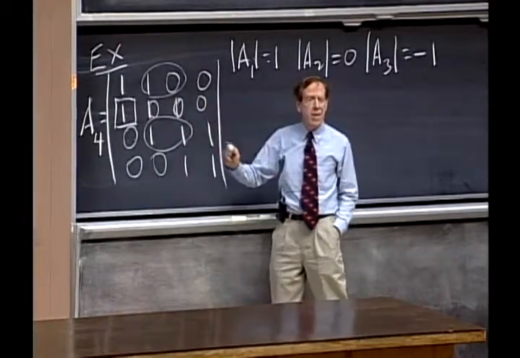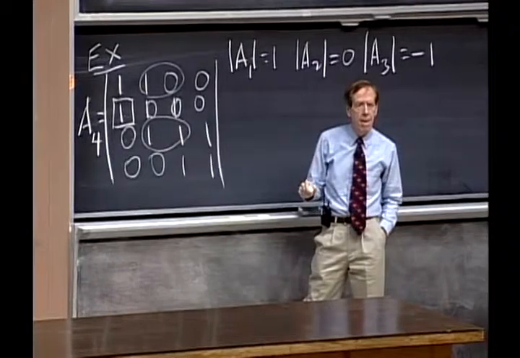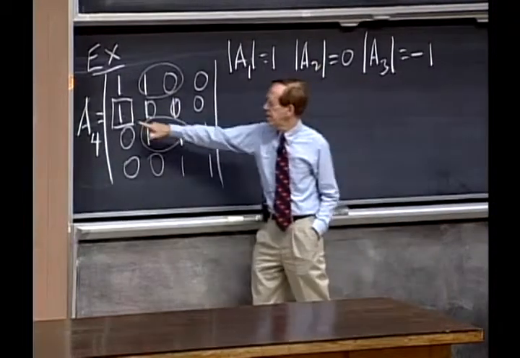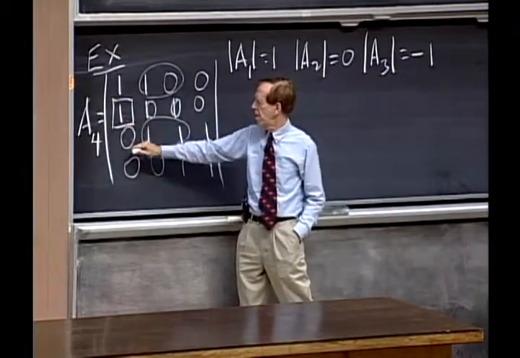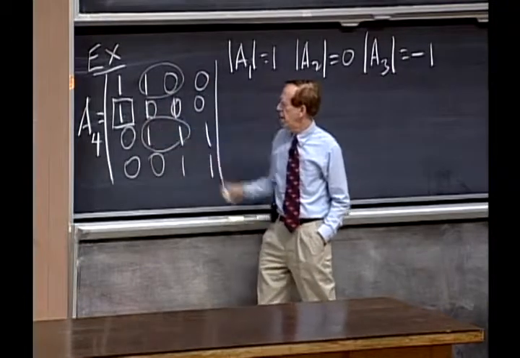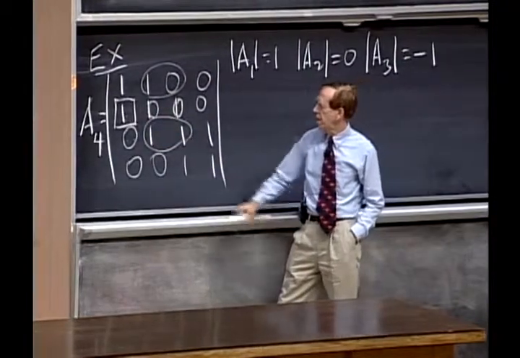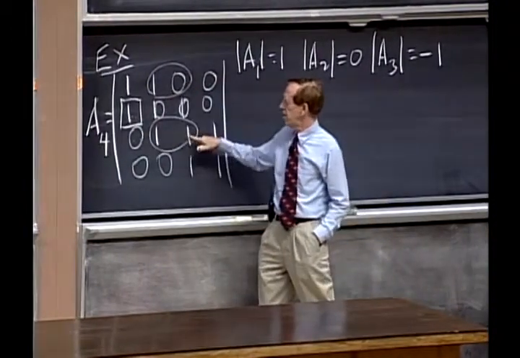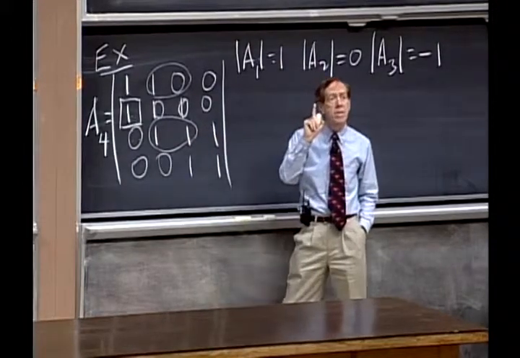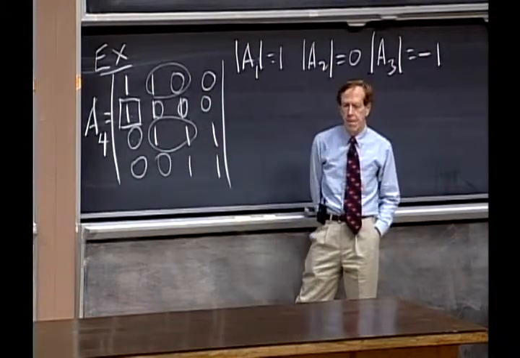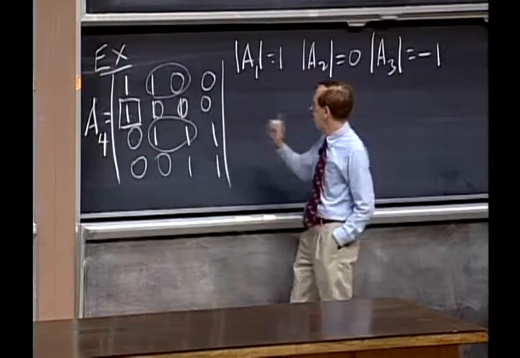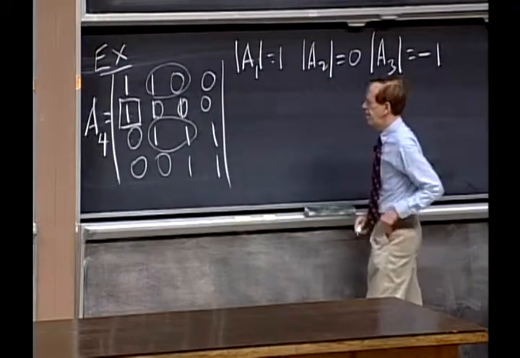So what's the cofactor of this guy here, looking just at this 3 by 3? The cofactor of that 1 is this determinant, which is 1, times negative. So that's why the answer came out -1.